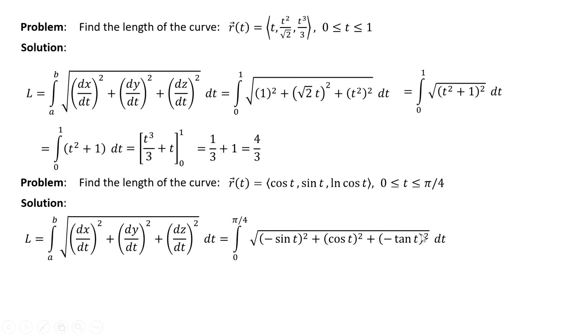Negative tangent t, the quantity squared, is plus tangent squared t, right? Do we have 1 plus tangent squared t under the square root? Yep. Okay, 1 plus tangent squared t. You remember the trig identity? That's secant squared t. So the square root of secant squared t.